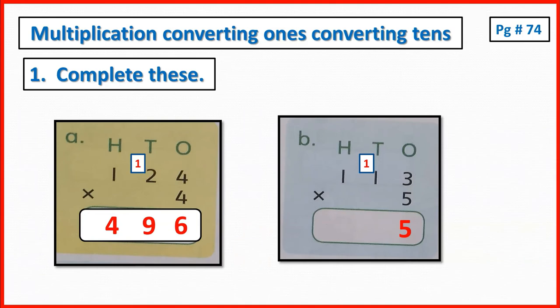Add 1 ten into 5 tens. 1 ten and 5 tens equals 6 tens. Now multiply the hundreds column. 5 ones are 5. So write 5 in the hundreds column. So the answer is 565.